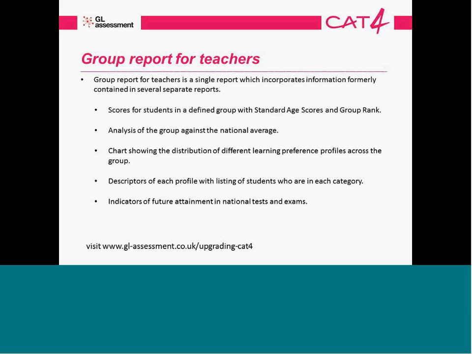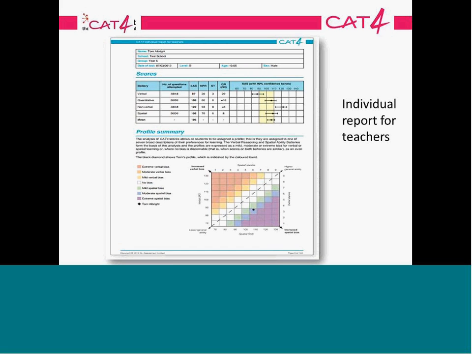So we have an individual report, again not all, this is just part of it, but here you can see at the top that we have verbal, quantitative, non-verbal and spatial. It is very important to look at spatial-verbal differences for the reasons that I think both of us have said earlier. But I think we shouldn't lose track of the other areas we're assessing.